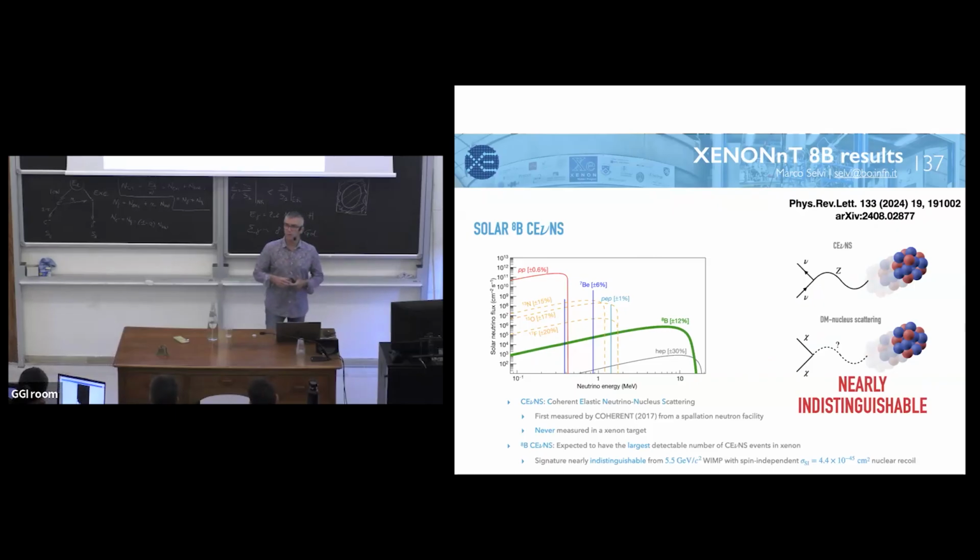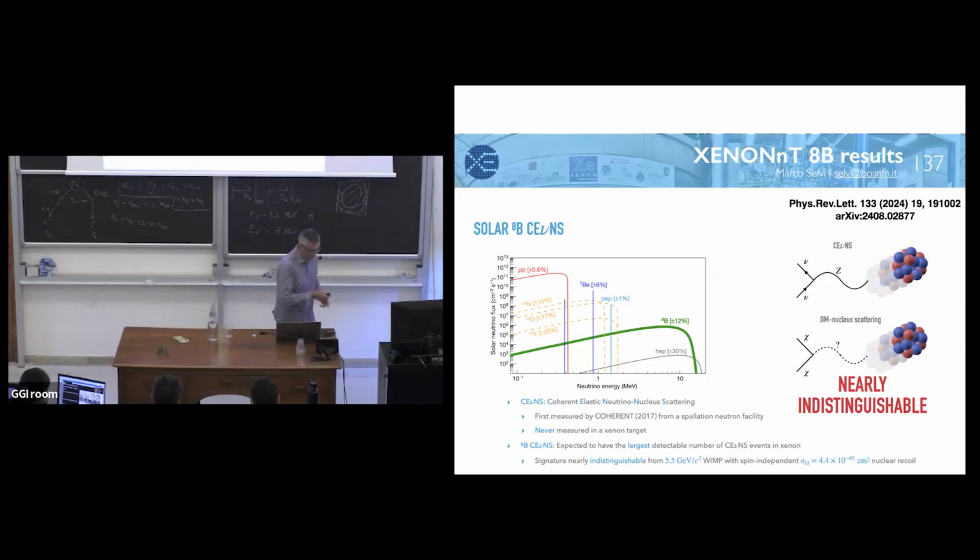With the current detector, we had this very important result searching for boron-8 solar neutrinos. This was the first detection of the coherent scattering of solar neutrinos in a dark matter detector. Before this result, all the coherent scattering results were made with artificial sources, spallation, so pion decay.